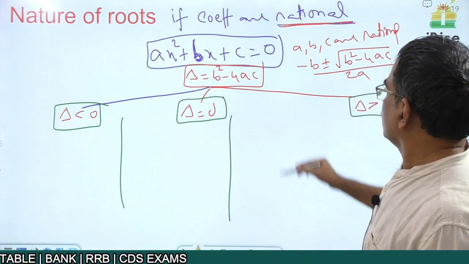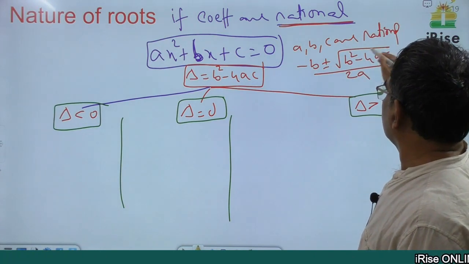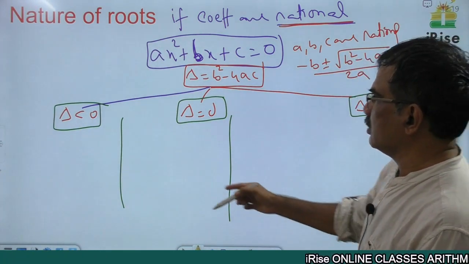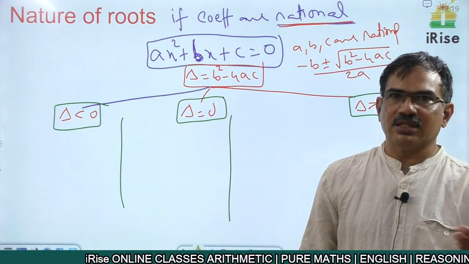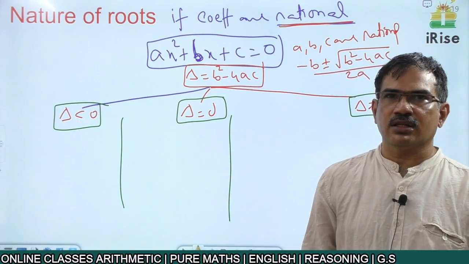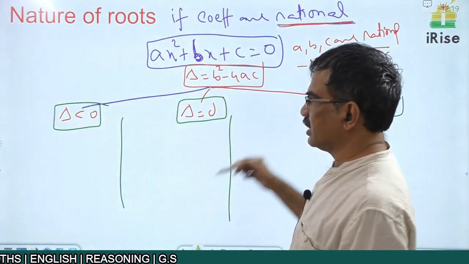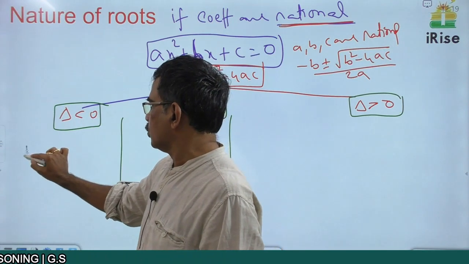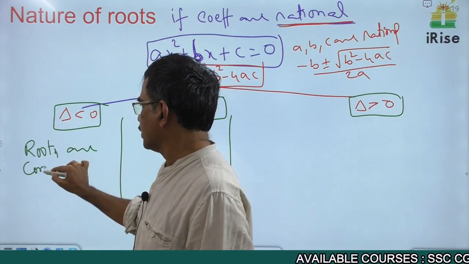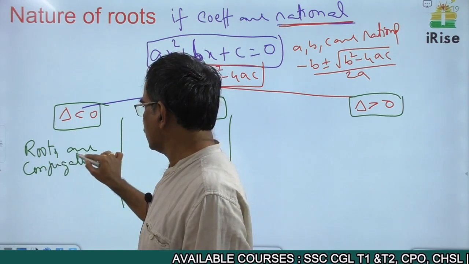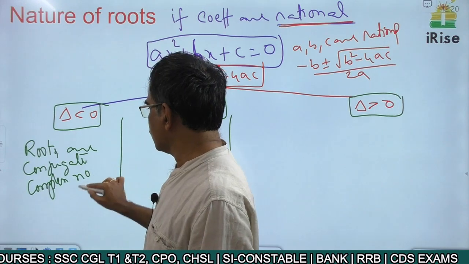See, if a, b, c are rational, b square minus 4ac is also a rational number, and root of a rational number which is negative, delta less than 0, minus 3 by 4, minus 5 by 8, these are negative rational numbers. If root of a negative number is given, this is imaginary, we say that the roots are same as the previous one, conjugate complex numbers.